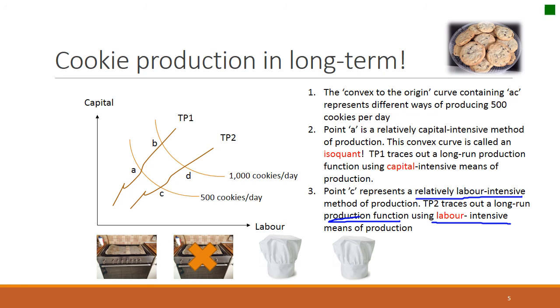We're going to use more labor. We have another chef over here, and we're going to get rid of 1 oven. So we're now going to have 2 units of labor and 1 unit of capital for the same output. So point C there represents a relatively labour-intensive method of production, and TP2 here traces out a long-run production function using labour-intensive means of production, and which one the firm chooses will depend upon the relative price of factors of production.